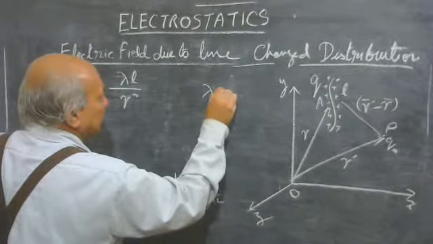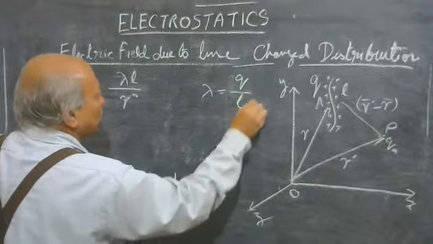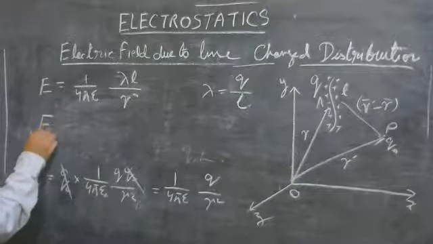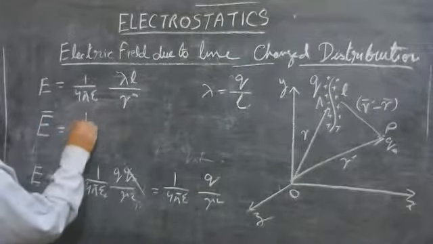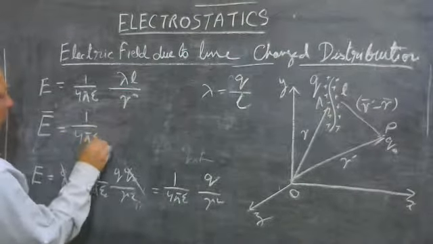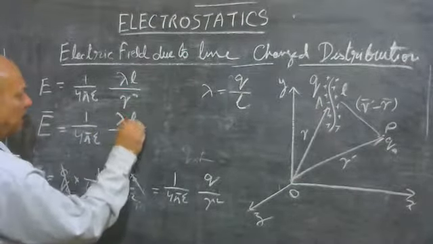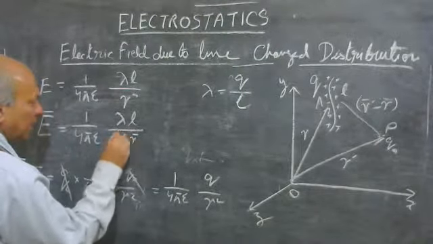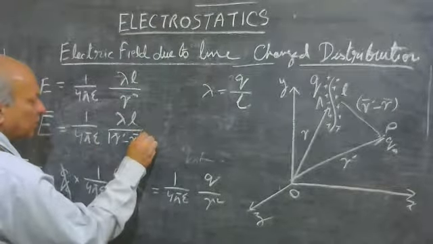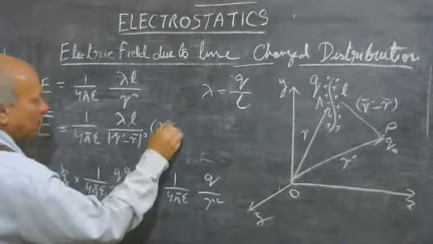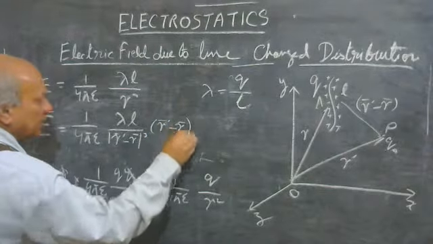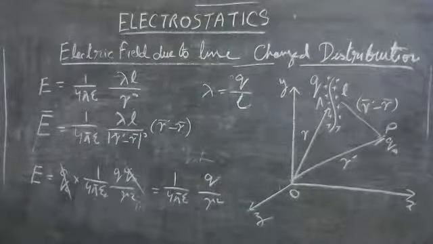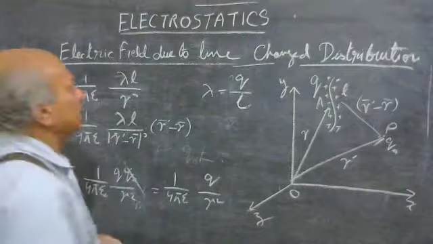This linear charge density is equal to Q upon L. Now in 3 dimension vector, we can represent 1 upon 4 pi epsilon naught and lambda L upon modulus of R dash vector minus R vector whole cube into R dash vector minus R vector. Now this is a linear charge density.